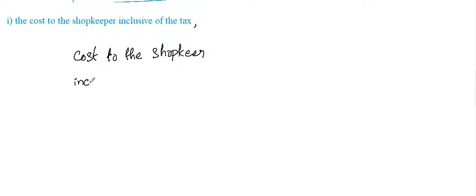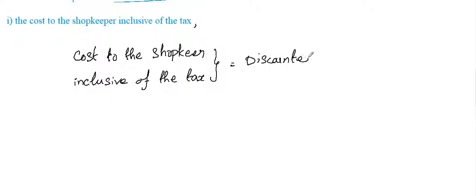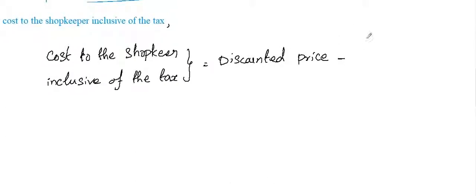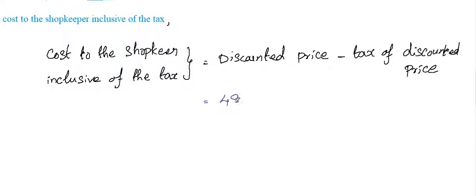Cost to the shopkeeper inclusive of the tax, which is VAT, is the discounted price plus tax on the discounted price. The discounted price is 48,000 and the tax is 6% at every stage.